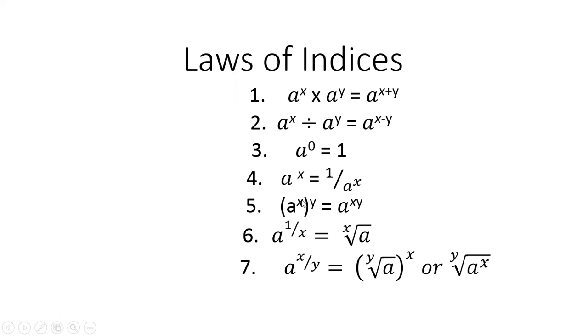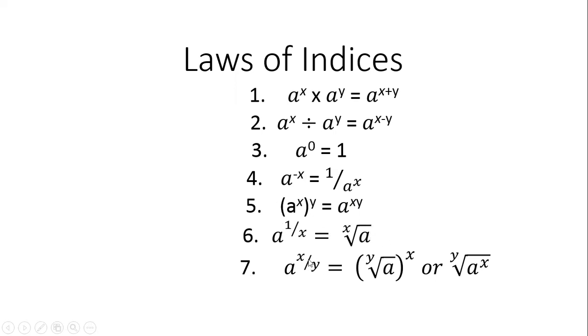Law 5: a raised to power x, bracket power y, not a raised power xy, because the two of them are in the index form, gives a raised power xy. Law 6: a raised power 1 over x gives the x-th root of a.